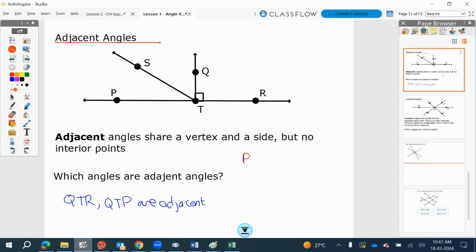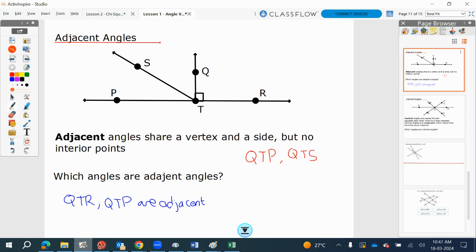Okay, what about QTP and QTS? Are these adjacent?